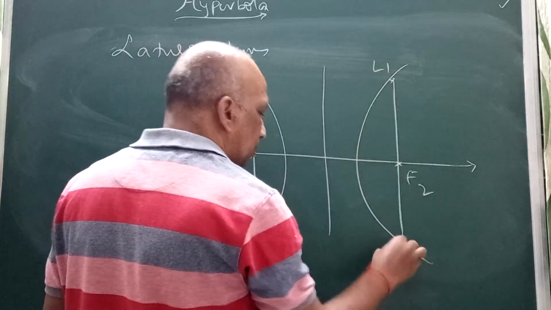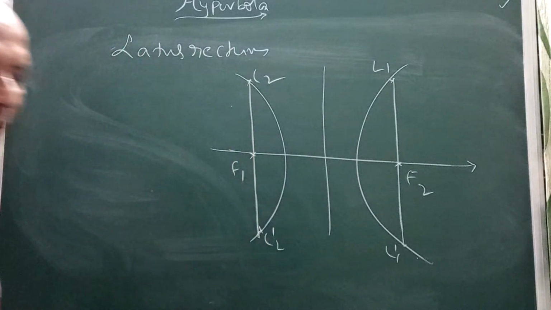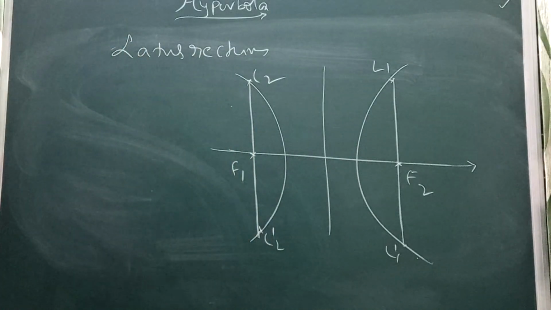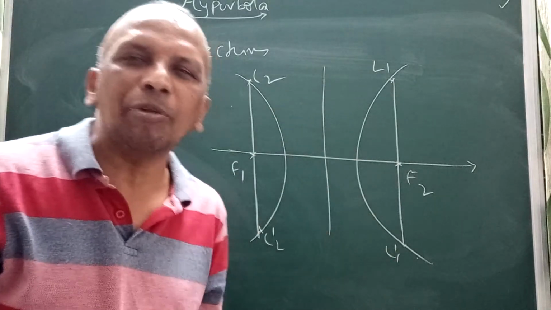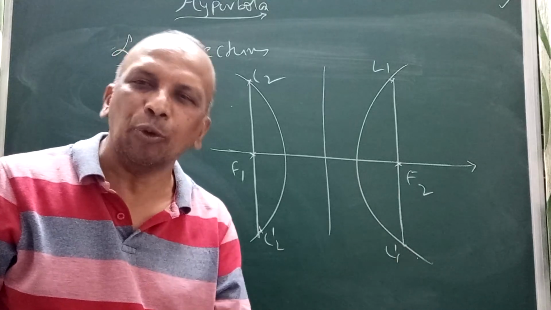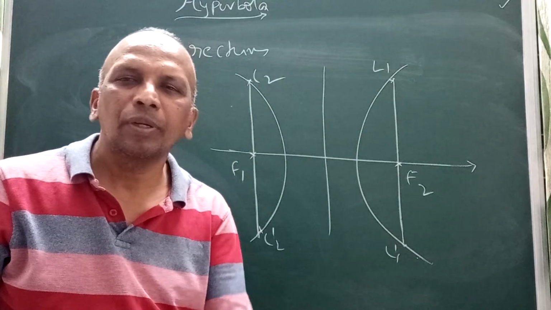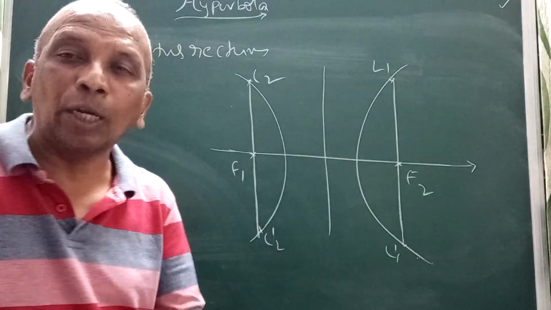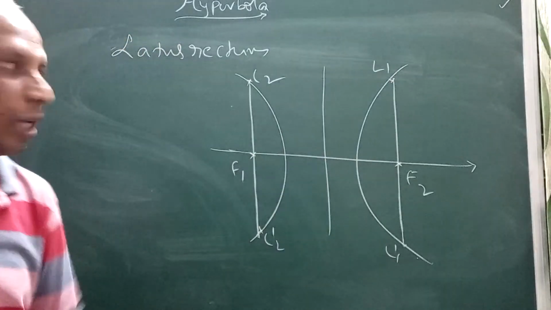L1, L1 dash, I can write L2, L2 dash. Here we observe that its endpoints lie on the hyperbola. A line passing through any one of the foci, perpendicular to the transverse axis, with endpoints on the hyperbola, is known as the latus rectum.